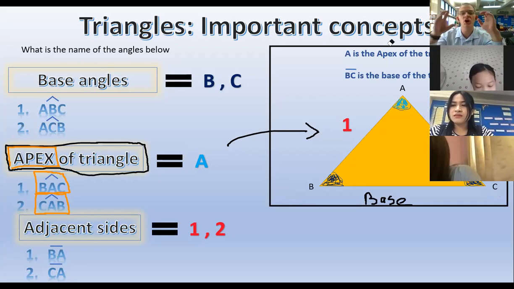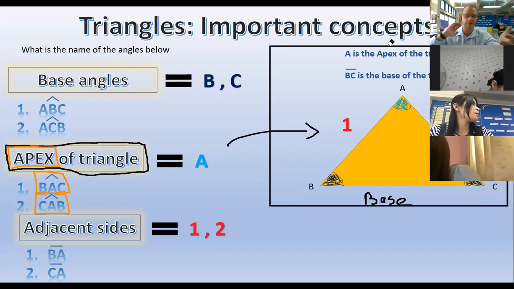So when you look at a triangle, usually they will give you the base or they will give you the apex, and then they will ask you a question about the opposite one. So in this case, we know the line BC is the base.